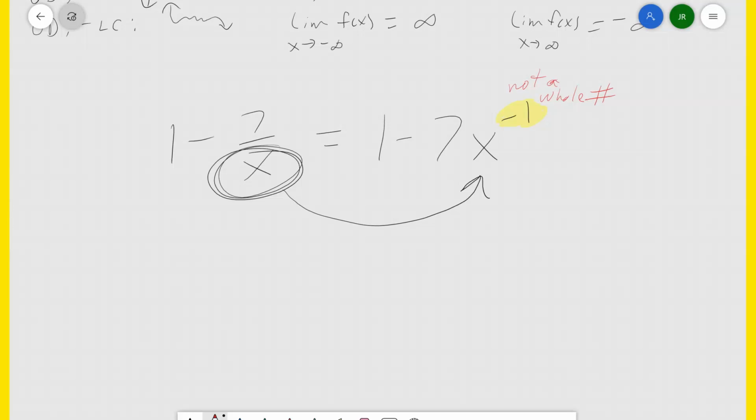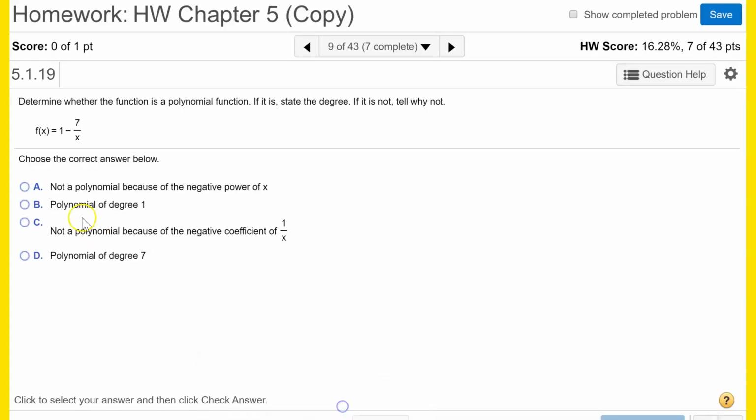So then let's go back to our problem. Is this a polynomial? No, it's not, because the degree of x here is not a whole number. So choice A, I think, is right. Not a polynomial because of the negative power of x. Negative exponent, negative power of x.